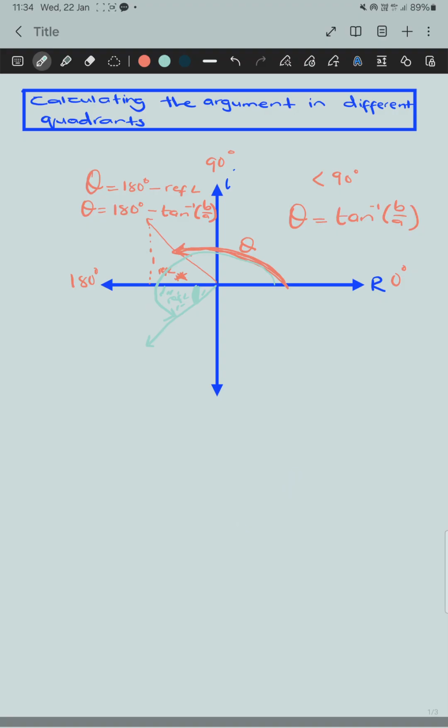So what I'm going to get is that theta is going to be 180 degrees, this part, plus the one I'm getting on the calculator. So plus the ref angle. So it's 180 degrees plus arctan b over a.